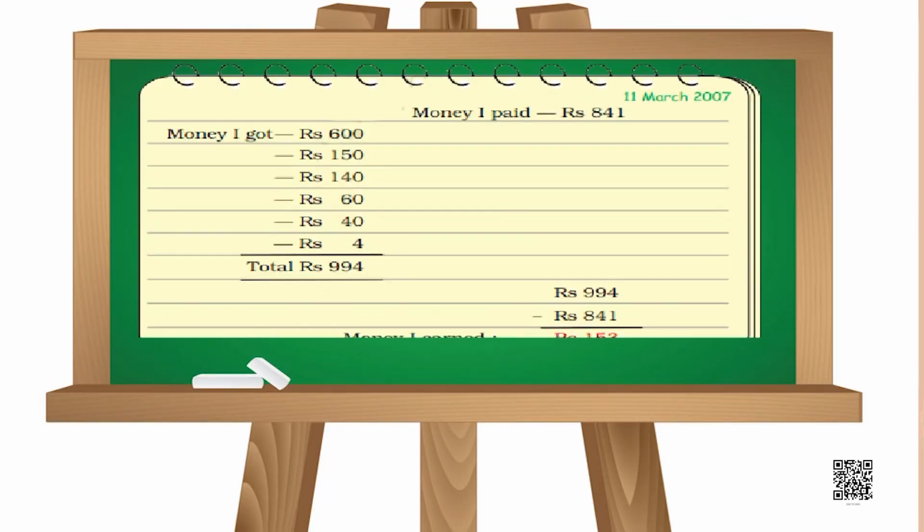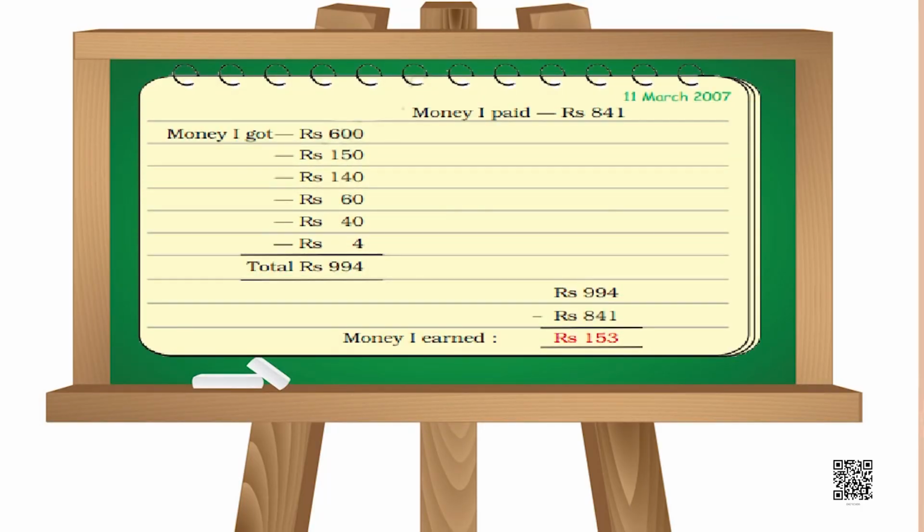So, you can also see on the screen how Kiran is maintaining her diary. On the left side of the diary, she has written the money I got. That is, what she obtained by selling her junk at Dinu's shop, what she got on that particular day.